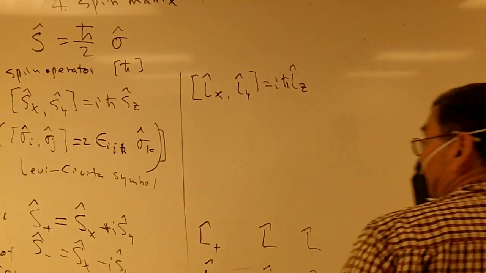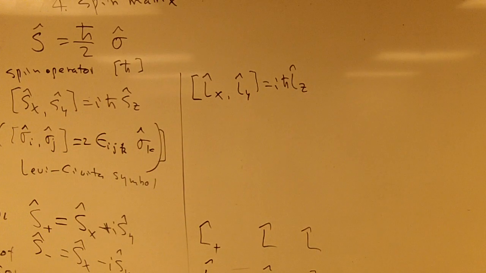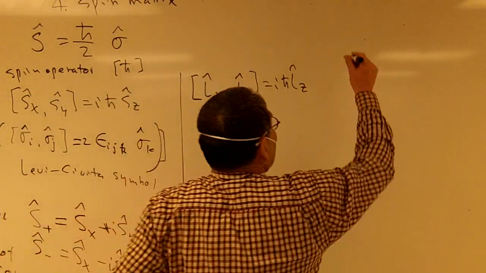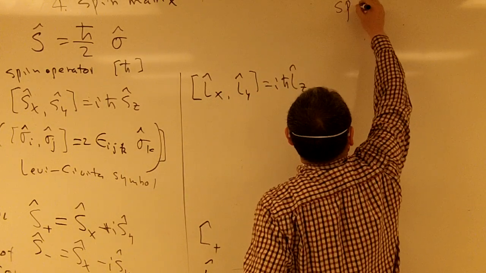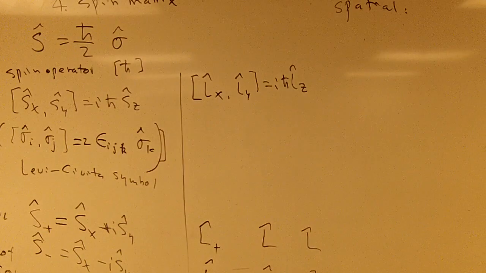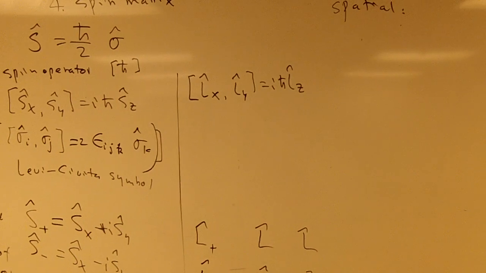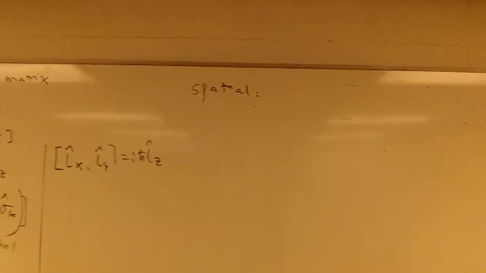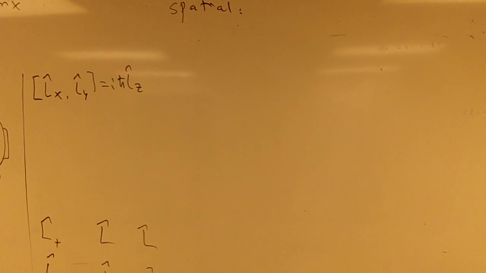Now, what we're going to show you: do you remember we talked about spatial and spin space? We're going to parallel this part. Just to impress you, spatially what we do, and in the spin space what we will do. So this is just a side remark, and then we will continue this way.